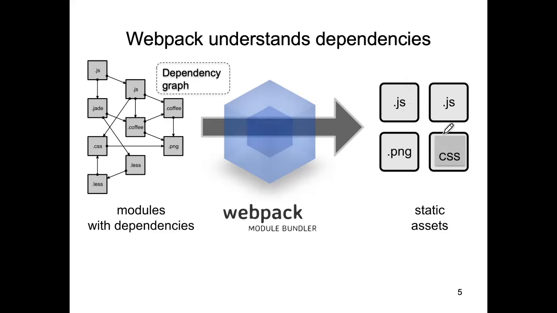It may contain all or some of the CSS from the left. So the modules on the left are being bundled or packaged into larger units on the right. We refer to these things on the right as our bundles. They're also referred to as chunks.